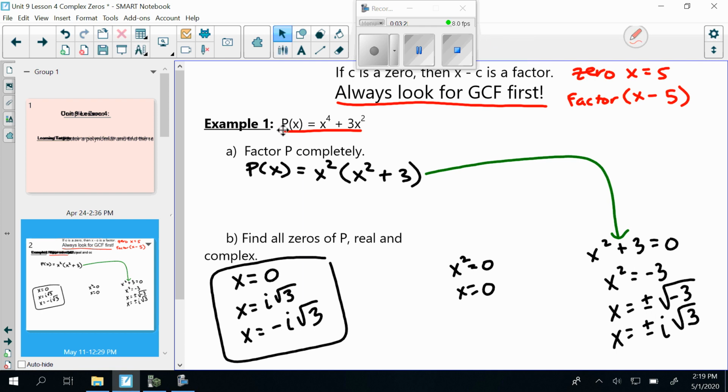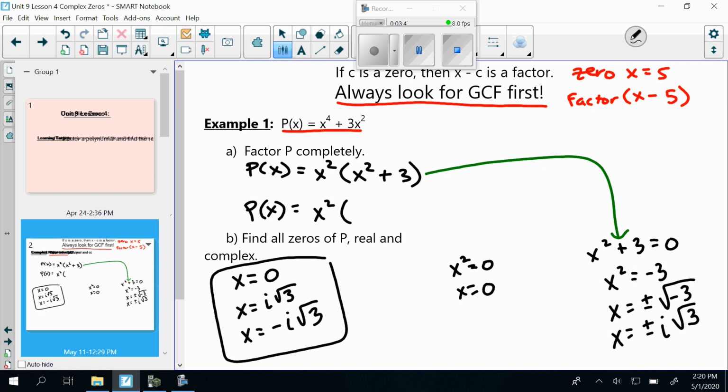So when we're writing this polynomial out in its completely factored form, we have this factor of x squared, and then this x squared plus 3 would factor out into the 2 zeros that we got from it, subtracted from x.